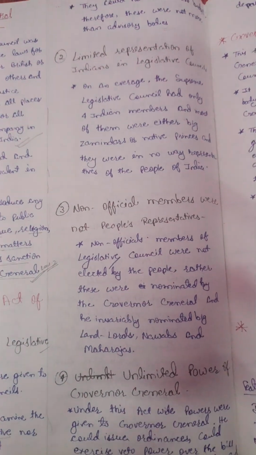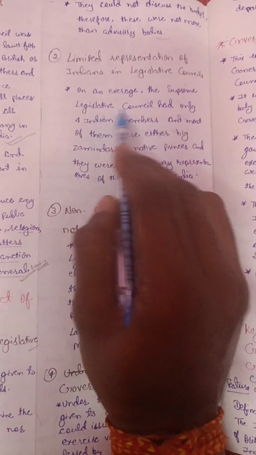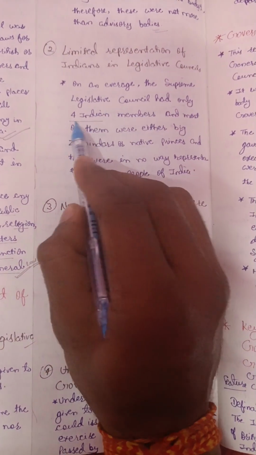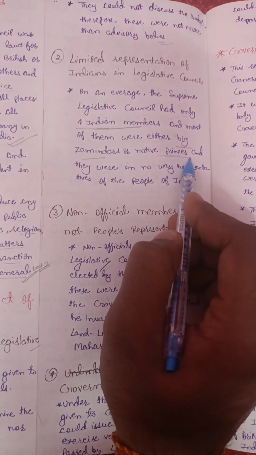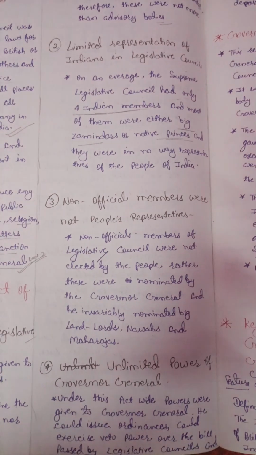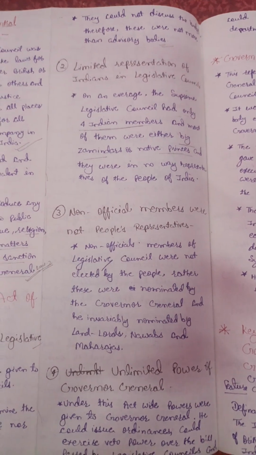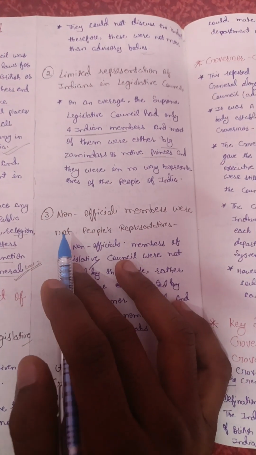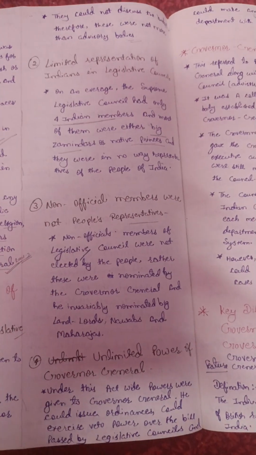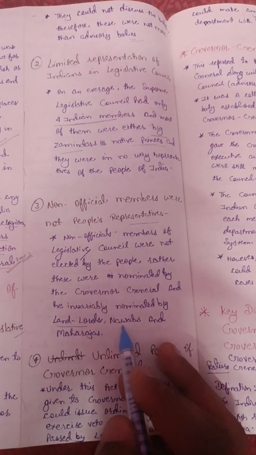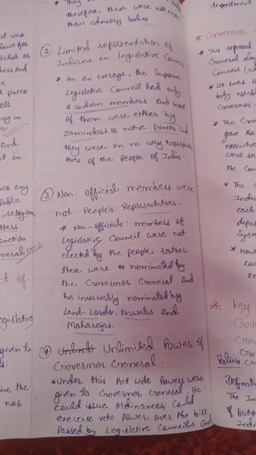So very limited representation was given. On an average, the Supreme Legislative Council had only four Indian members, and most of them were either big zamindars or native princes. So they were not considered true representatives of the whole people of India. The third defect is that the non-official members were not people's representatives. As I said, they were landlords, Nawabs and Maharajas. So basically, points two and three coincide with each other.